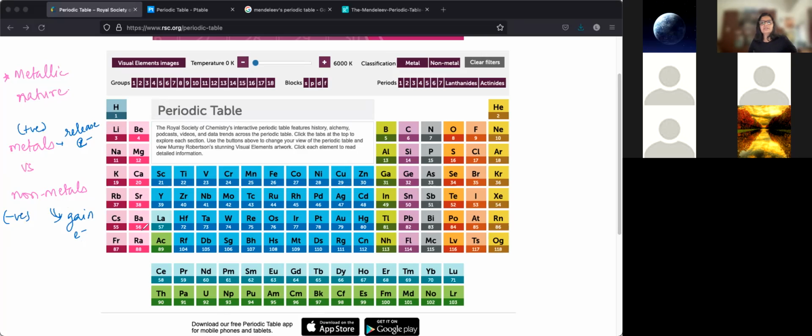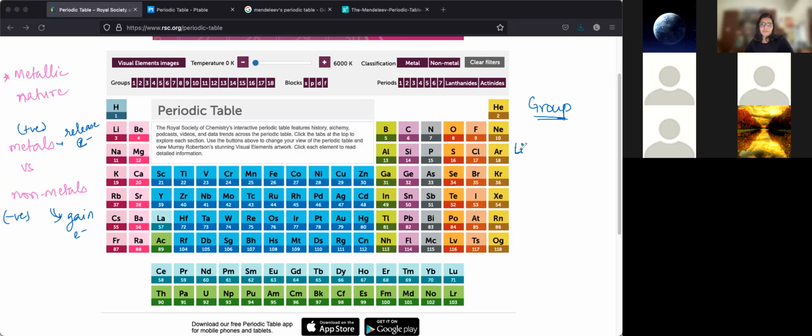Now let's take a group. Within a group, top to bottom, let's compare lithium versus sodium versus potassium.